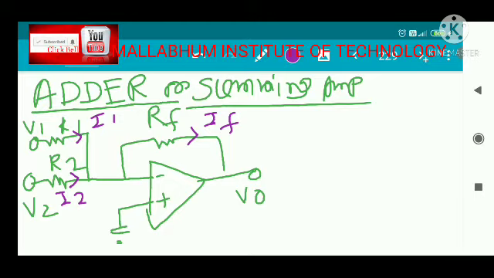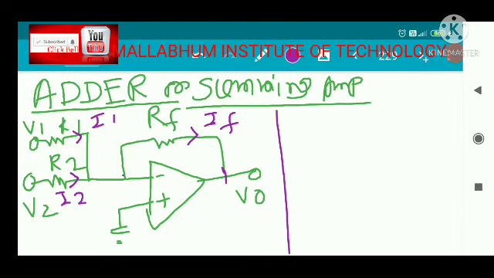That means the open loop gain of the operational amplifier is infinite, input resistance is infinite, and the output resistance is 0, and negative feedback is applied. You can see that the output is fed back to the negative terminal, so clearly this is an example of negative feedback.